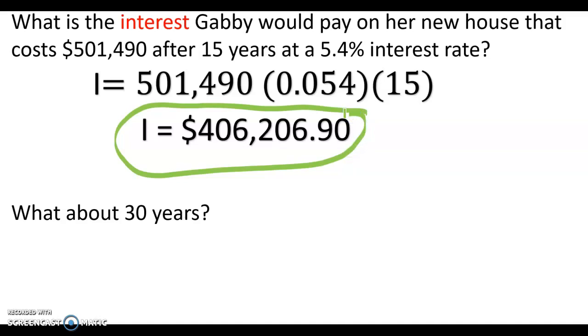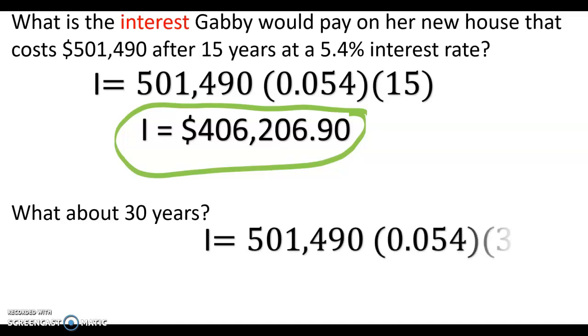Now let's see what the interest would be for 30 years. So you're still multiplying the same things, but instead of 15 years, you're going to do 30 years. Now, a lot of times the interest rate's lower if you do 15 years and it's higher if you do 30. But we're just doing the same.